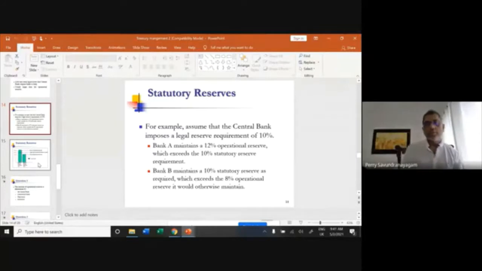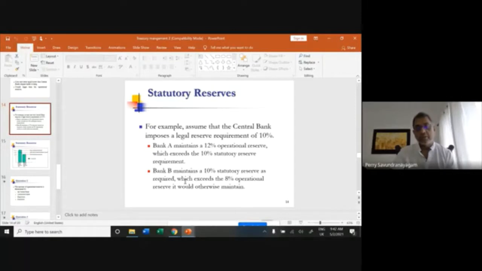So in this example, the reserve requirement is 10%. Bank A maintains 12%. Bank B maintains 10% as required, which exceeds the 8% operating. Yeah. So there are two banks here. One is maintaining 12% when the reserve requirement is 10%.